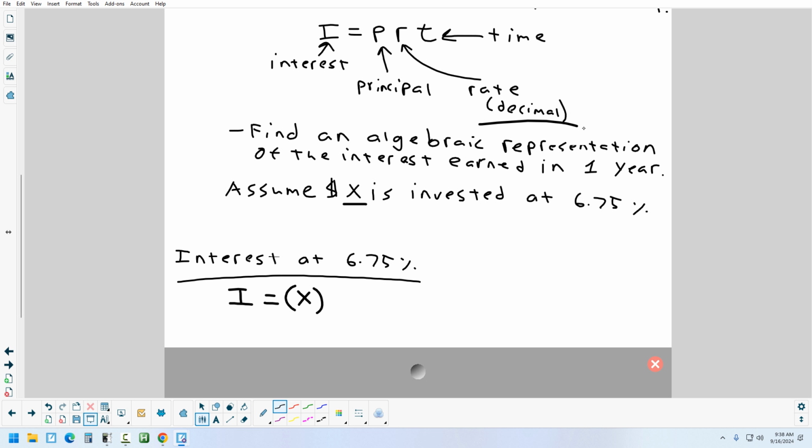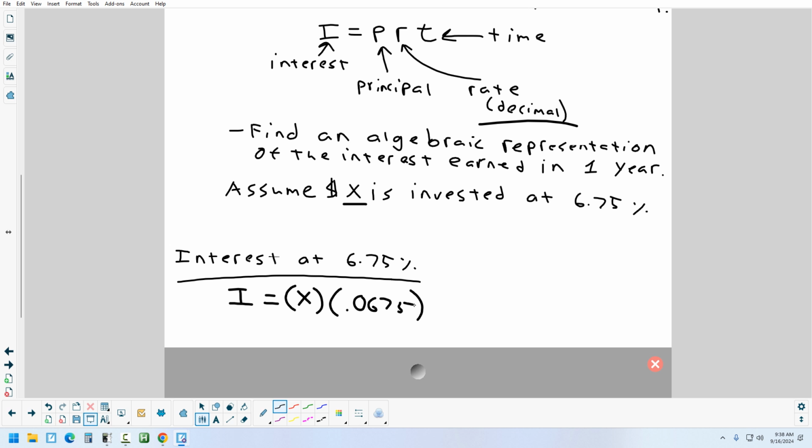But just make sure you give it to me as a decimal. 0.0675.